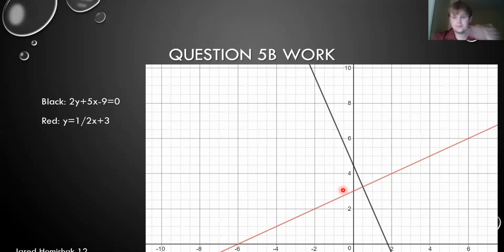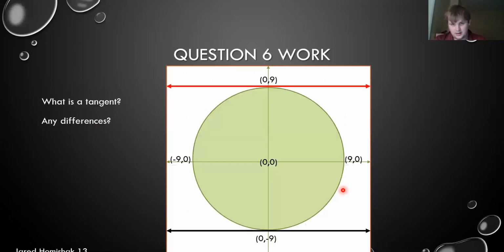Now, excuse me, final question. This is the one about tangent lines in a circle. Basically, a tangent line is one that just touches the edge of a circle but never crosses it. So all you're really looking for is a line that touches the circle but never actually crosses into it.